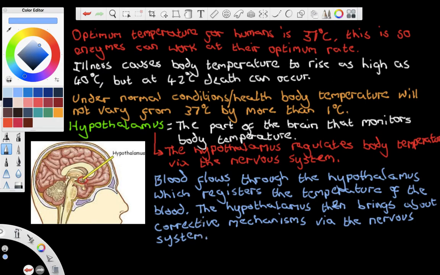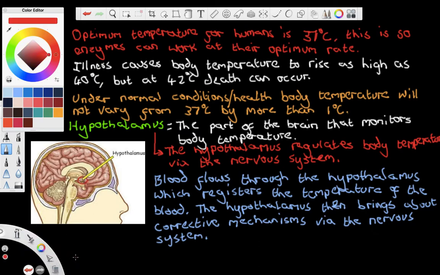Okay? Now, your body temperature is constantly fluctuating. At some points it goes too high, and then at other points it goes too low. It is fluctuating around a norm. So it's worth stating here that the regulation of body temperature is an example of negative feedback.